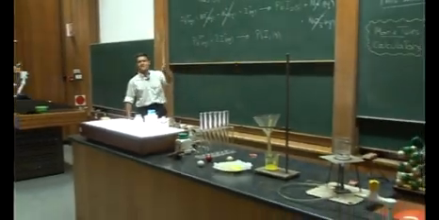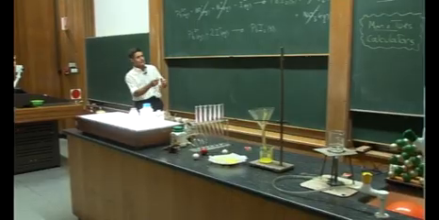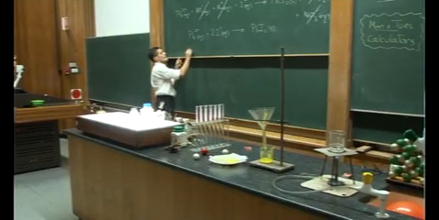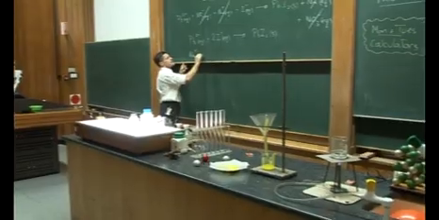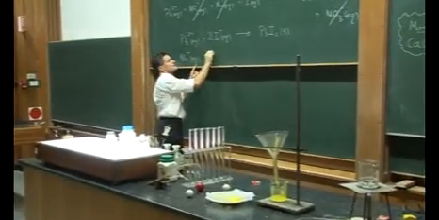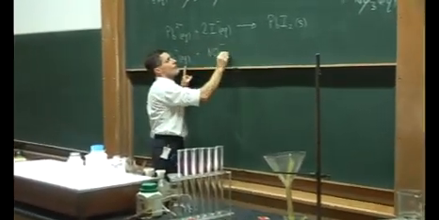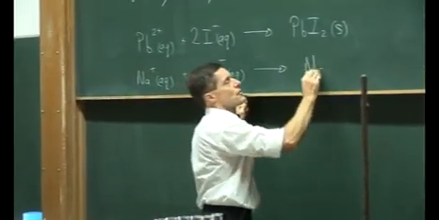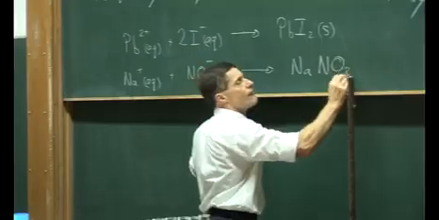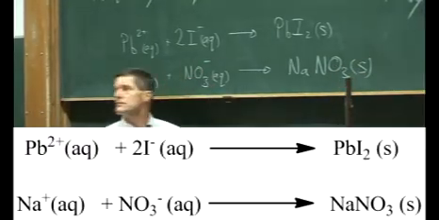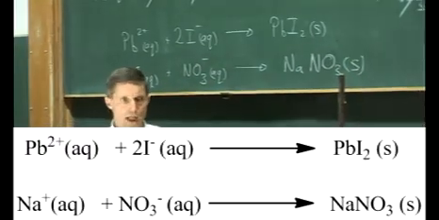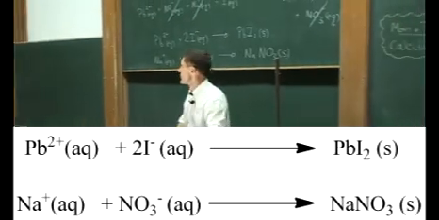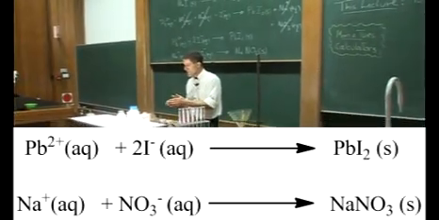What I am doing in the beaker now on top of the Bunsen is taking what's left, which is the sodium ions, the spectator ions. And if I remove the water, I will end up with solid sodium nitrate. And we'll leave that going for the lecture.